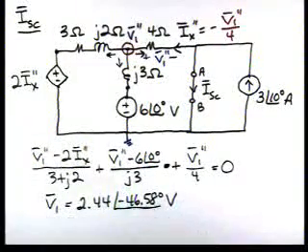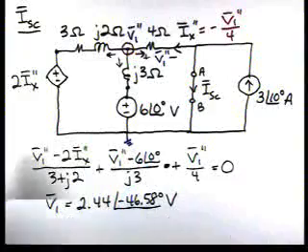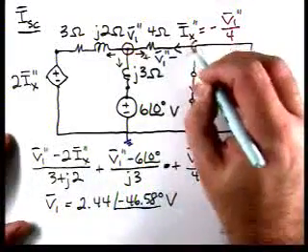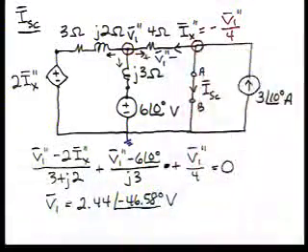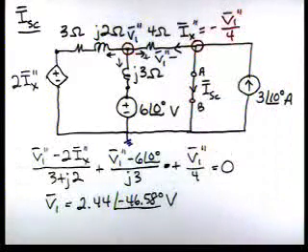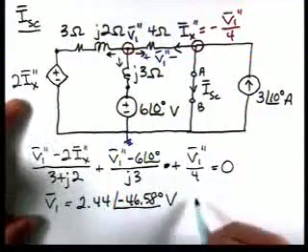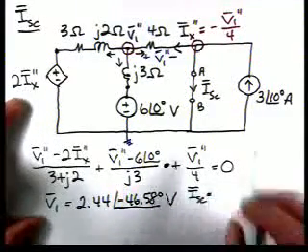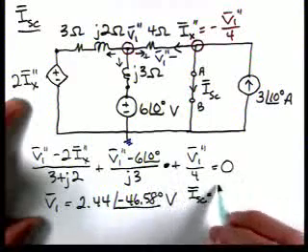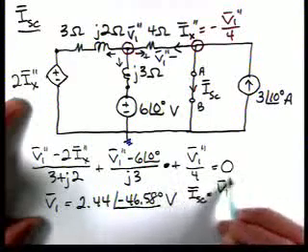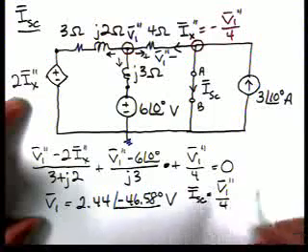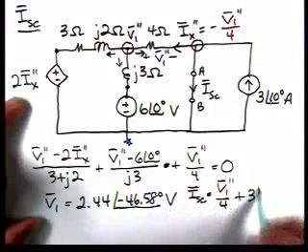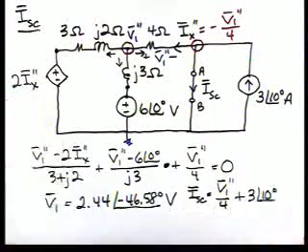Now, to calculate I short circuit, I'm going to need to apply KCL at that node. If we apply KCL, there's going to be V1 double prime over 4 plus 3 at an angle of 10.